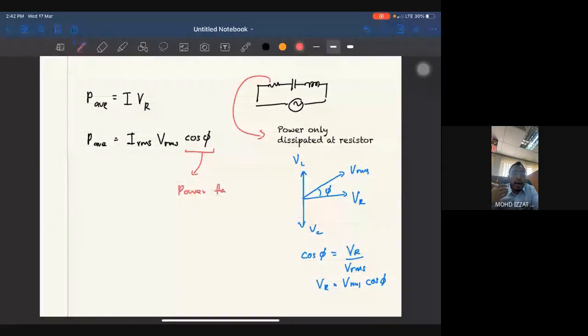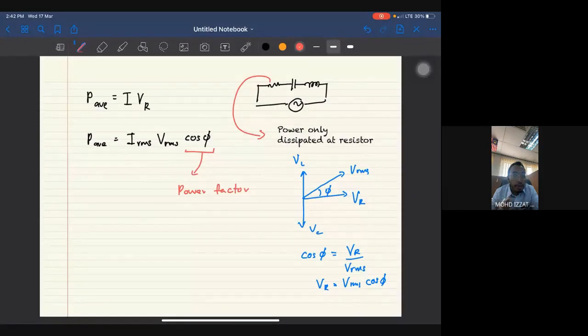It indicates how efficient the circuit is, circuit tu efficient ke tak lah. Okay, if you have phi equals to 0, then cos 0 is 1. If you have phi other than 0, then you have less than 1. So power factor you can write as R over Z.